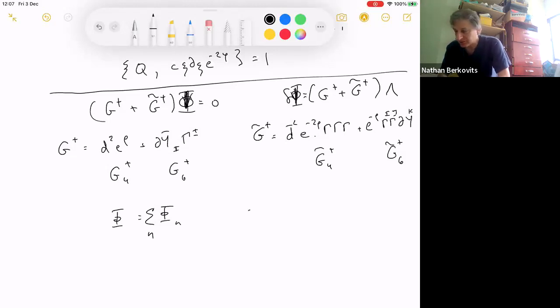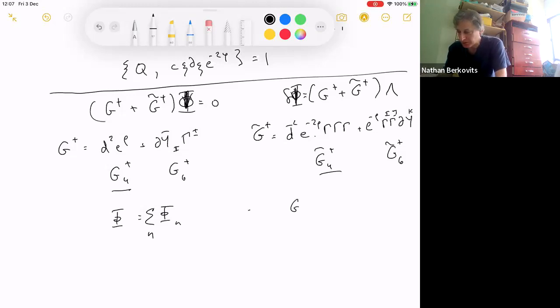Now it turns out that G plus and G tilde plus don't just have two terms, they have 4 terms, because you have 4 different rho charges. But it's easy to show that G4 plus and G tilde 4 plus are trivial. That's just because you can invert them in the same way as before.